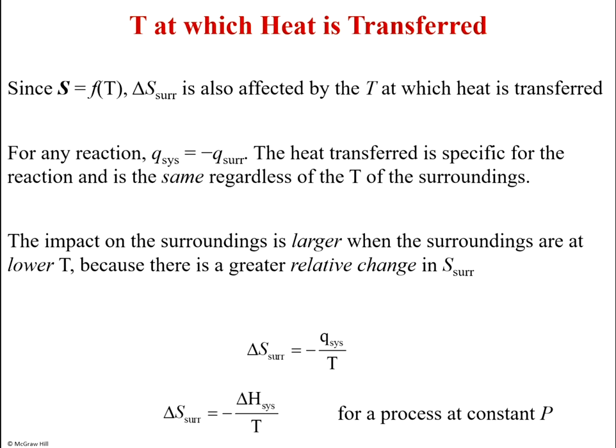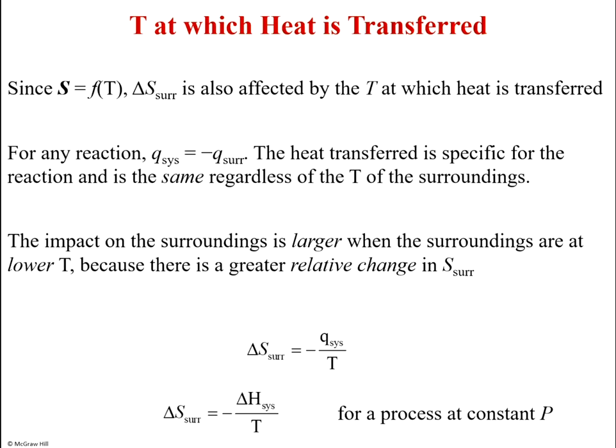Since entropy is a function of temperature, the change in the entropy of the surroundings is also affected by the temperature at which the heat is transferred. For many reactions, the heat for the system is equal to minus the heat of the surroundings. So the heat transferred for the reaction is the same regardless of the temperature of the surroundings.